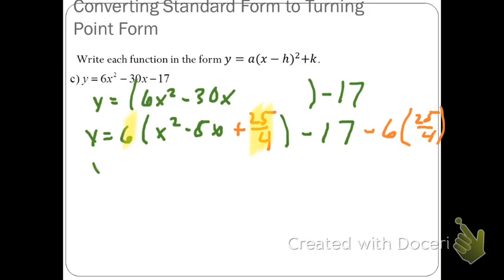All right, so from there, we're going to end up with this. We'll have y equals 6 times x minus 5 halves squared minus 17, and then negative 6 times 25 fourths, negative 150 over 4.